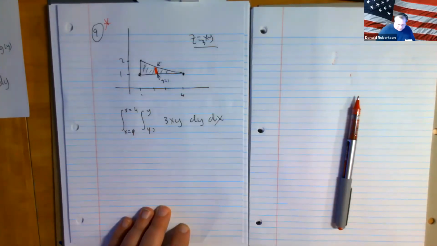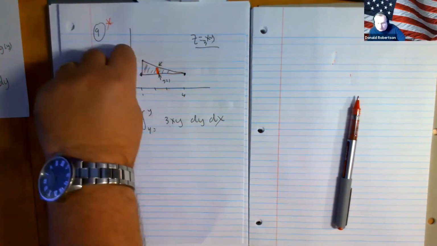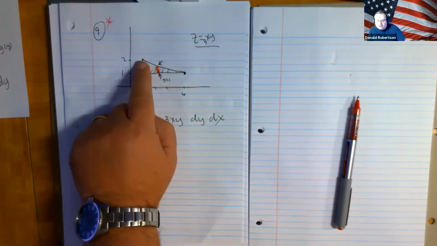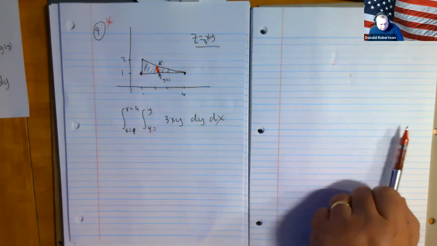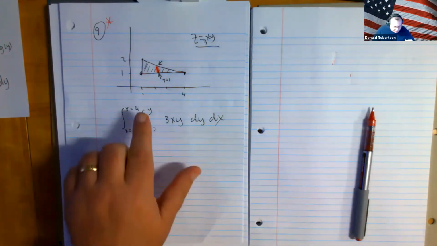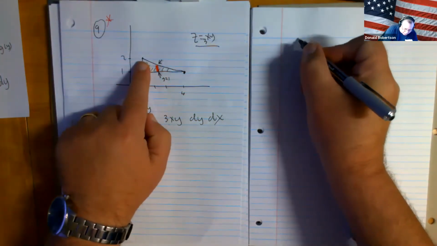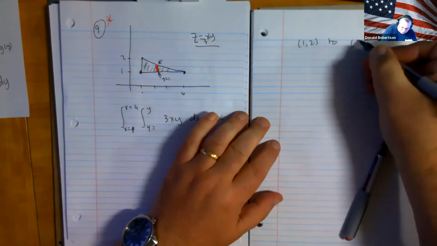This one up here, isn't that the equation of the line that makes that slope? You agree? This is the only time in this homework that you actually do that. But I do need to know the equation of the line joining the point 1, 2 to the point 4, 1.